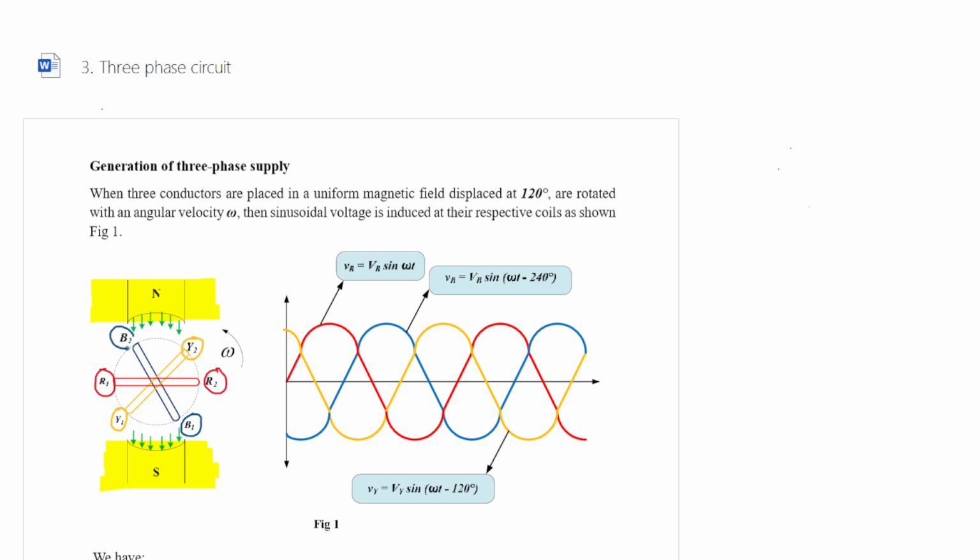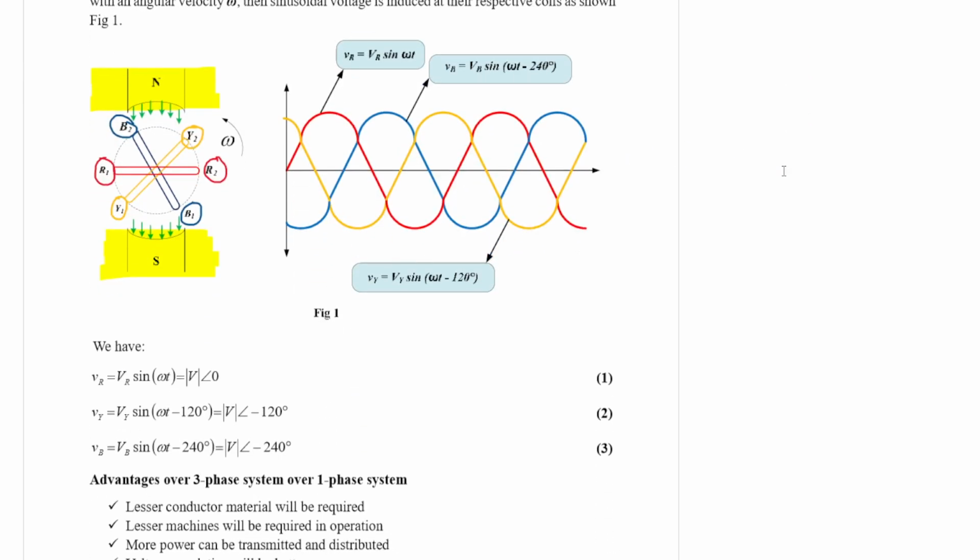So these three conductors B1 B2, then we have Y1 Y2, and last we have R1 R2.